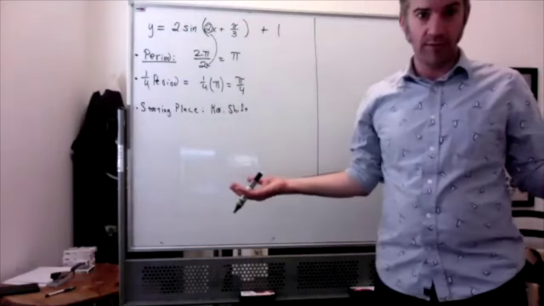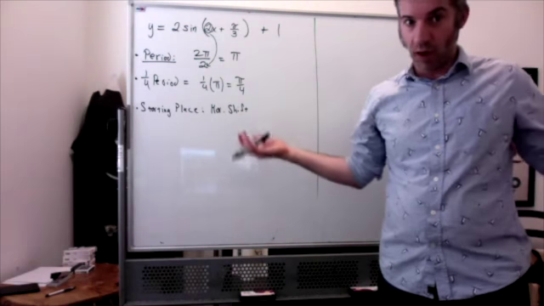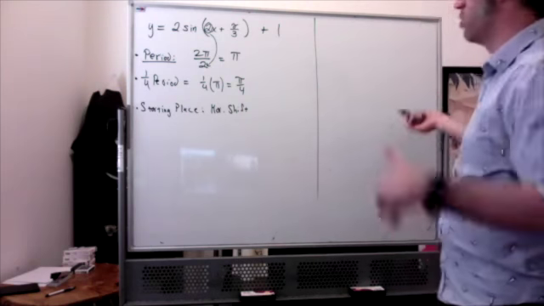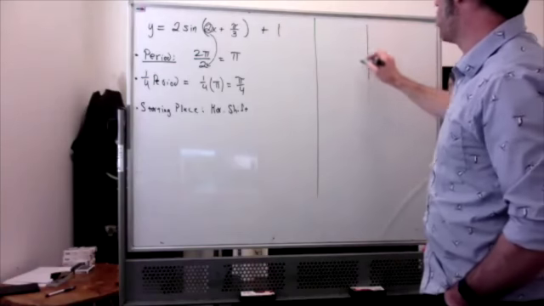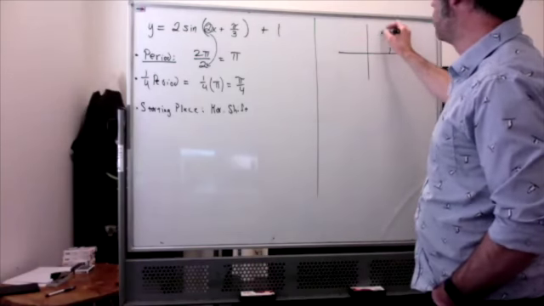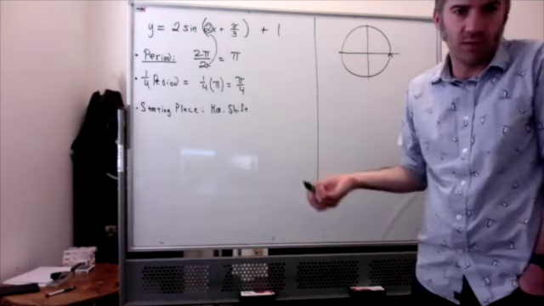What's a normal period? 2 pi, right, for sine or cosine. So the idea is that you're going through one full unit circle, one full revolution.